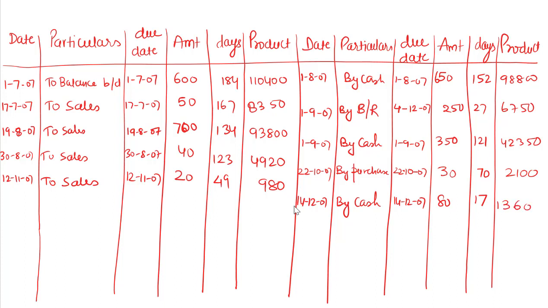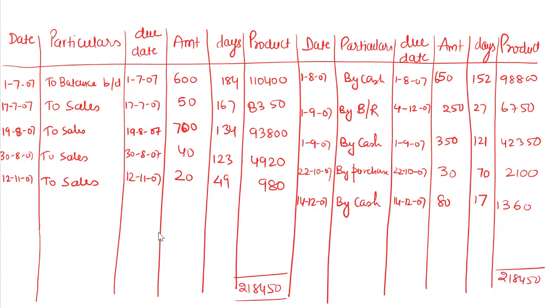Do the total of the product column quickly. 110400 plus 8350 plus 93800 plus 4920 plus 980. It's 218450.